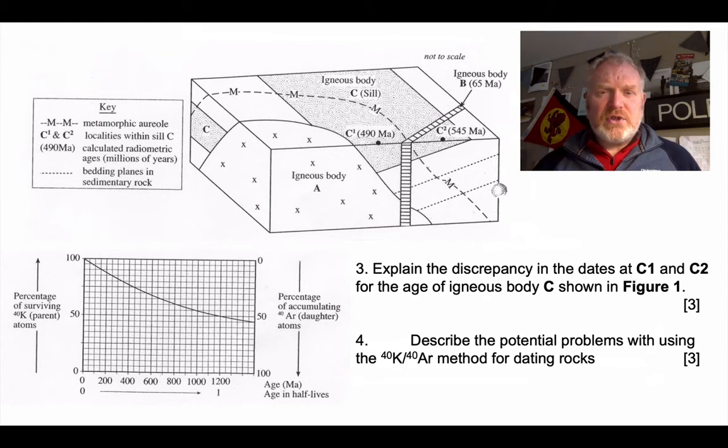Discrepancy means difference, perhaps an unexpected difference. So can we explain those? Make sure though we're giving 3 good points. Also we need to think about the issues with potassium argon dating. These two answers may well be related. Again, look for the 3 points.